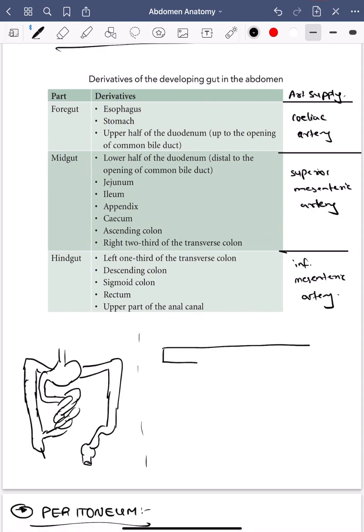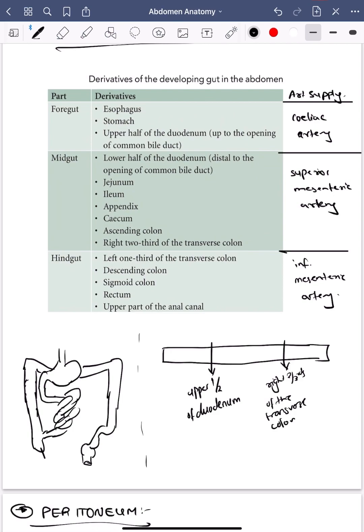and we're going to mark two junctions. The first junction will be at the upper half of the duodenum, and the second junction will be the right or proximal 2/3 of the transverse colon.